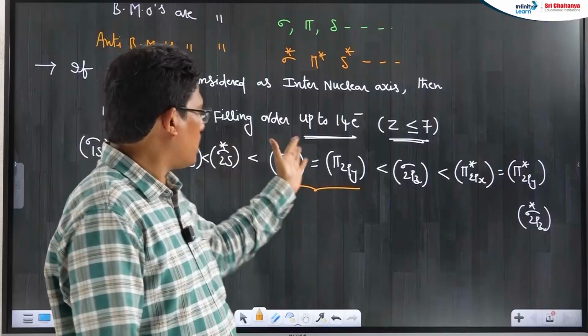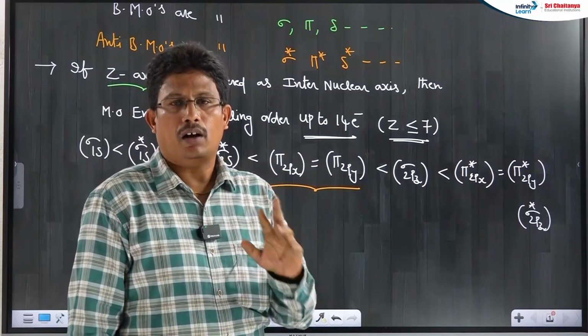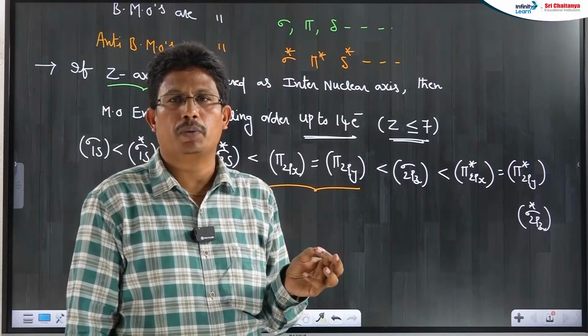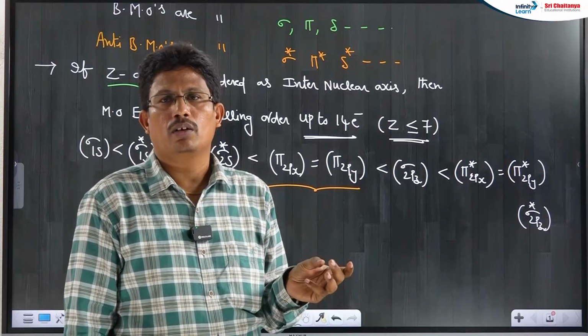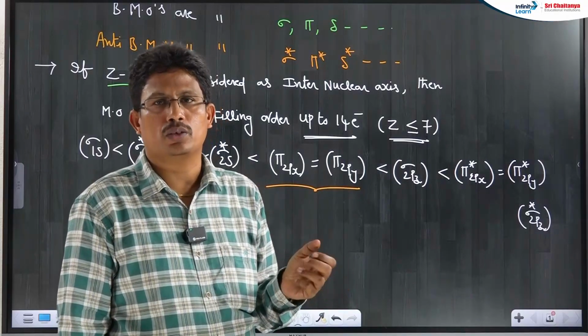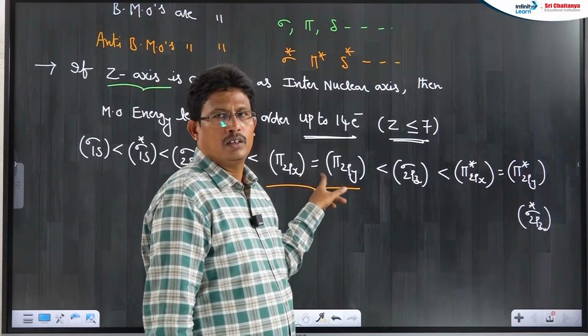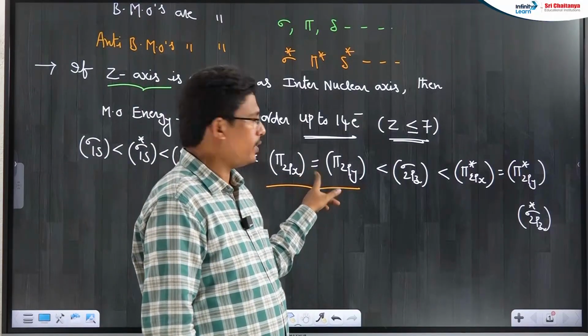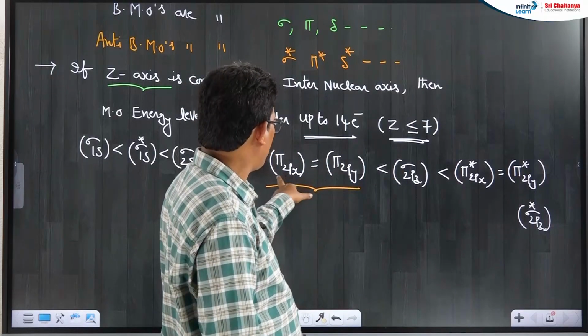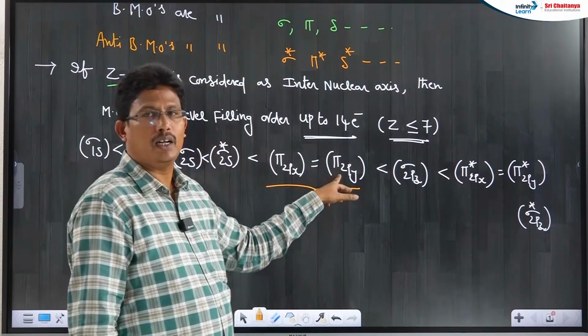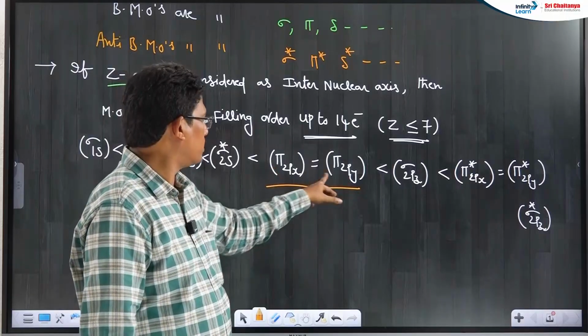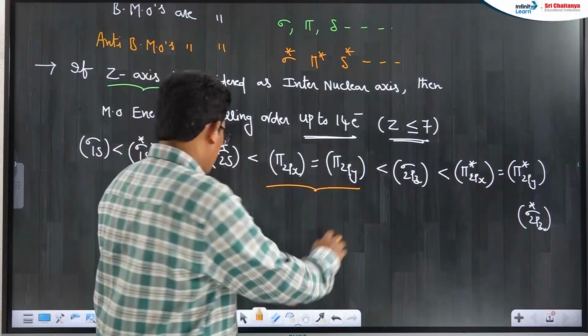While filling the electrons into the above orbitals, all three rules, Pauli's principle, Hund's rule and Aufbau principle, are used. In degenerate orbitals, Hund's rule is applied. Here the pi orbitals are degenerate, that means they have the same energy.